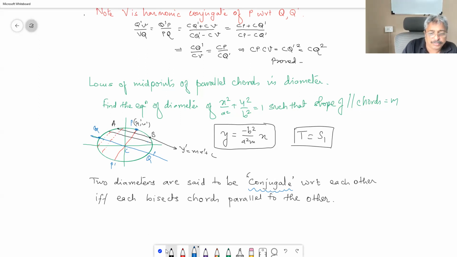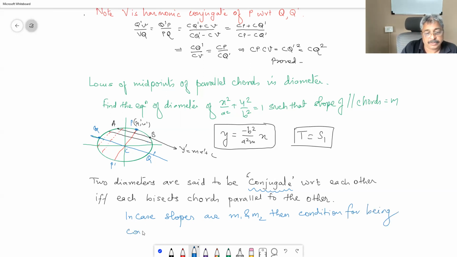In case their slopes are M1 and M2, then the condition for being conjugate diameters is easy.